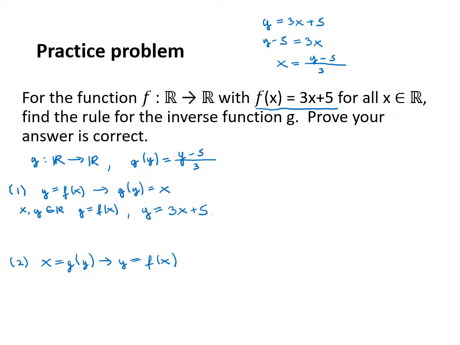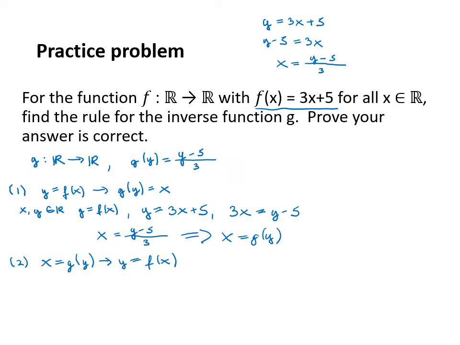From here, we get that 3x is equal to y minus 5, or x is equal to y minus 5 divided by 3. And from here it follows, because that's the same as the rule for g, that x is equal to g of y. So that shows one direction.